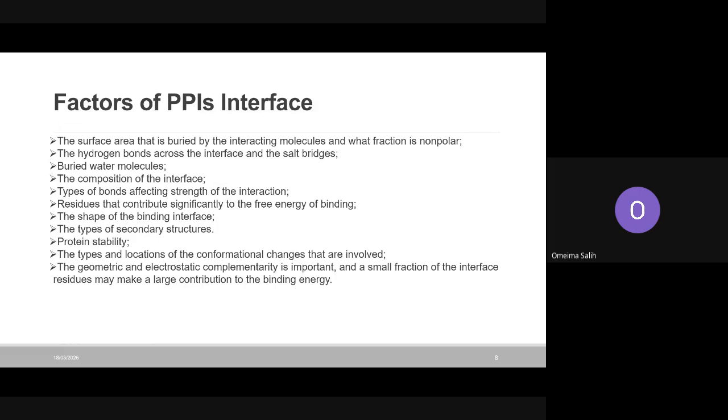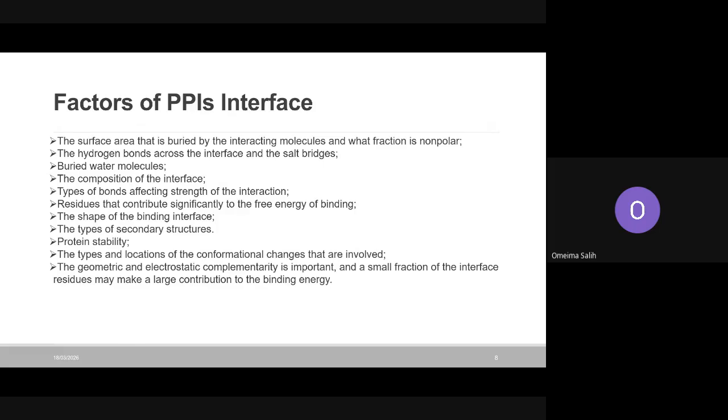Usually this interface consists of hydrogen bonds and salt bridges. So the composition of the interface depends on the type of bonding between the two polypeptide chains that lead to the buried surface of this interface that is found as part of the surface area where the interaction takes place.